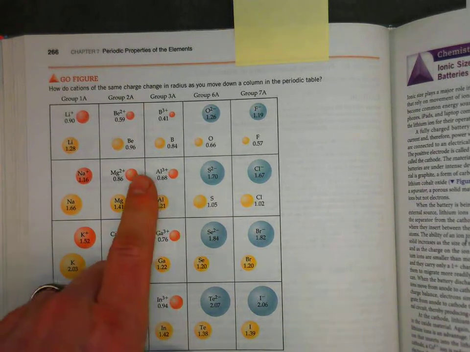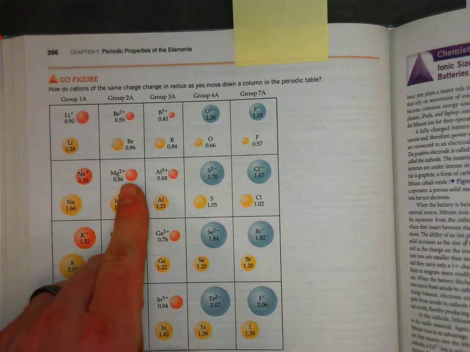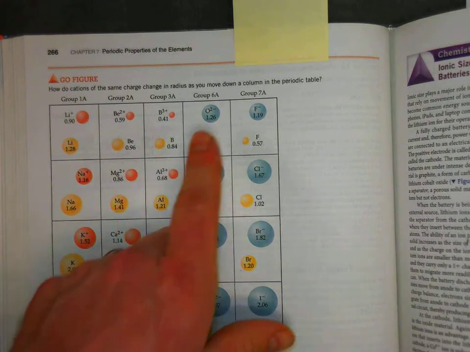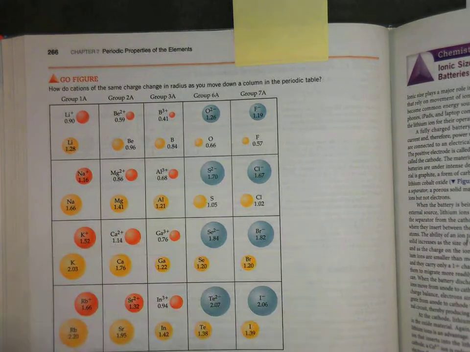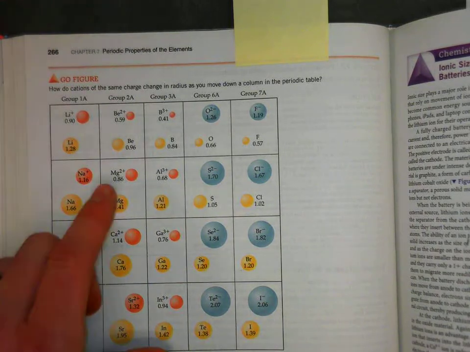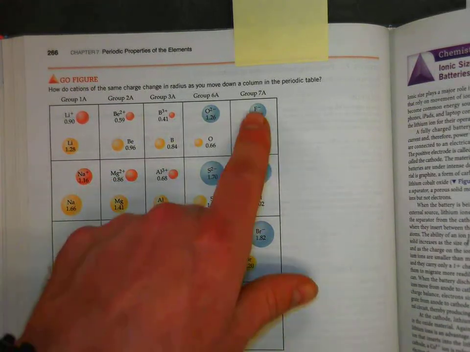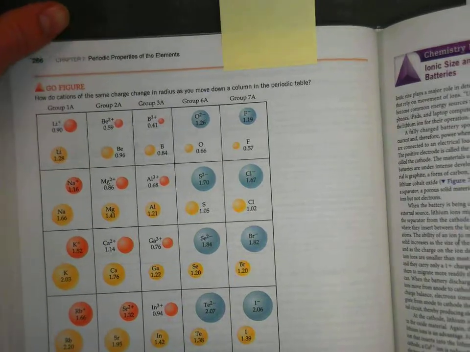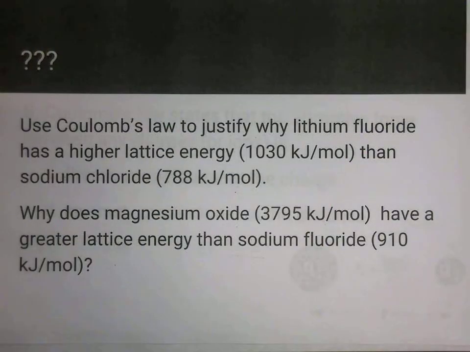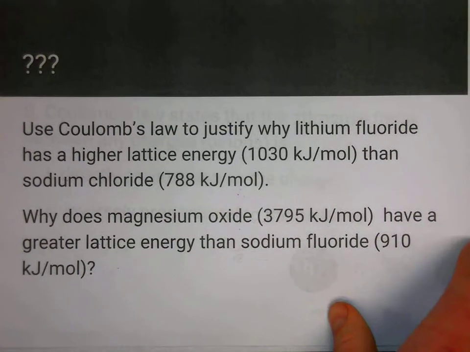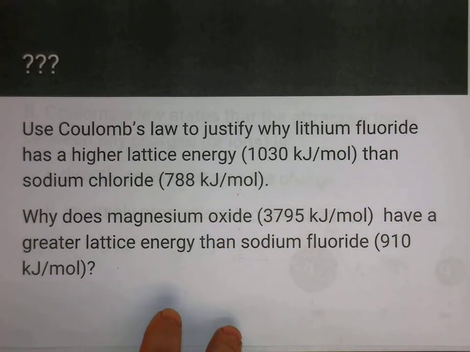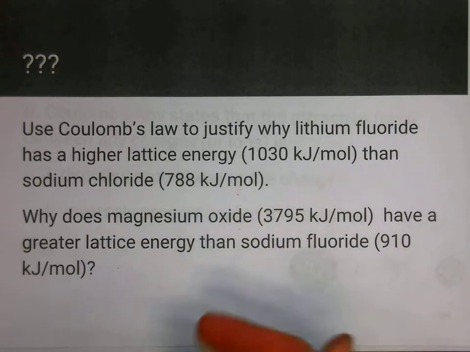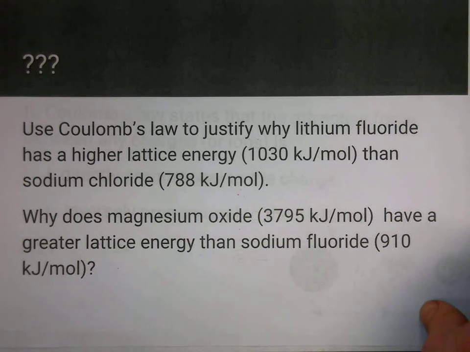So if you added together the numbers here, you would find that the total distance with the magnesium oxide is smaller than the total distance with the sodium fluoride. And so that's why we can use Coulomb's law to predict that magnesium oxide would have a greater lattice energy. It has a smaller distance between the two charges.